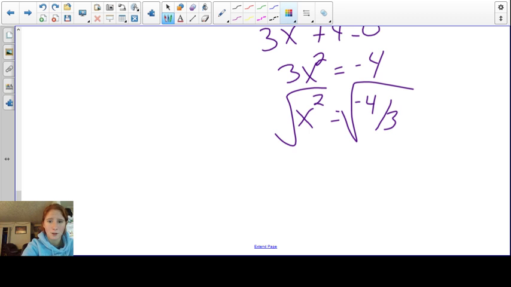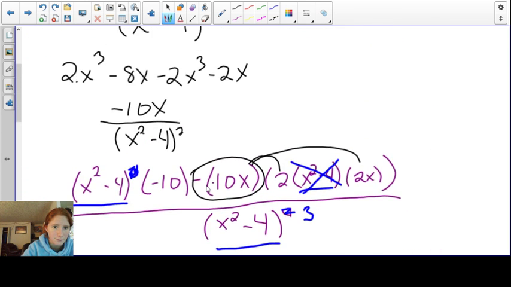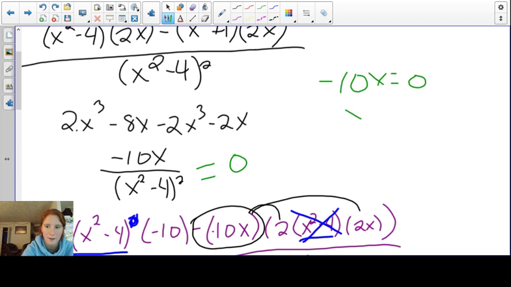Sorry, guys. If I go back and use the first derivative, I kind of need the first derivative in my site, don't I? That's at this point here. So now I'm going to set this equal to 0. Kind of the same idea. Multiply by the bottom and it disappears. So I have negative 10x is equal to 0, so x is equal to 0.